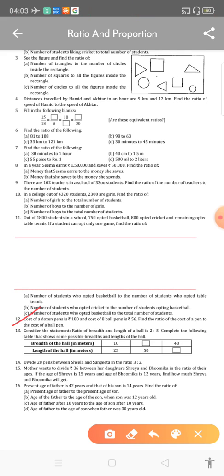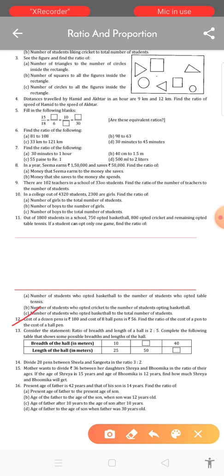Question number 12: the cost of a dozen pens is 180 rupees and the cost of 8 ball pens is 56 rupees.